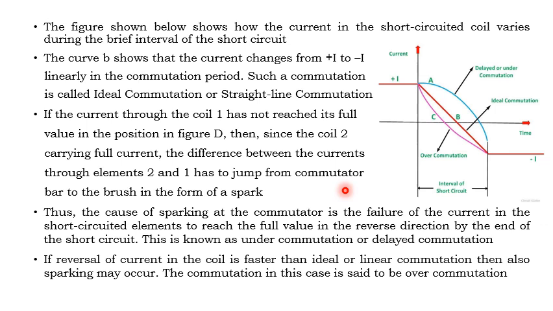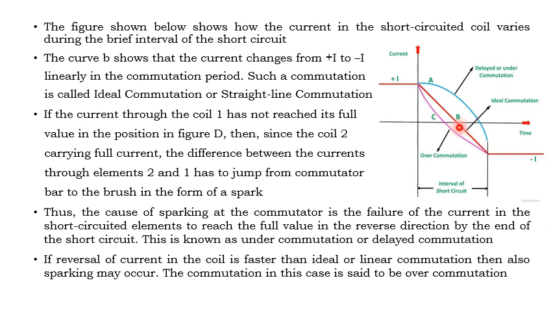So there will be a failure of current in the short circuited element to reach the full value in the reverse direction by the end of the short circuit. Under this process, the commutation may be delayed or under. Such type of commutation is called delayed commutation or under commutation.